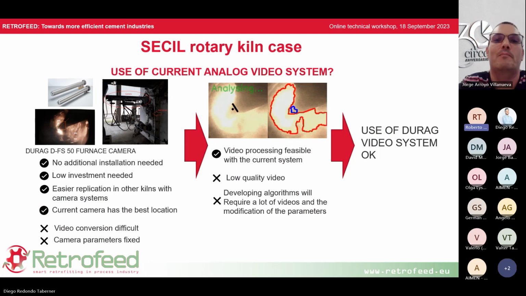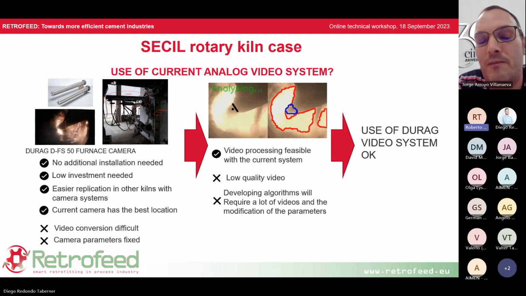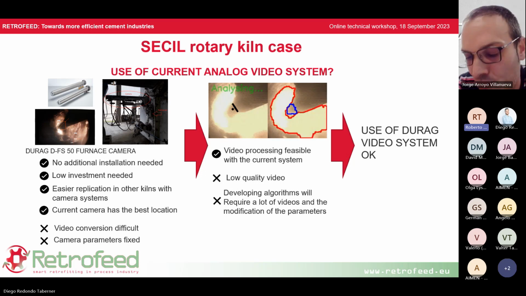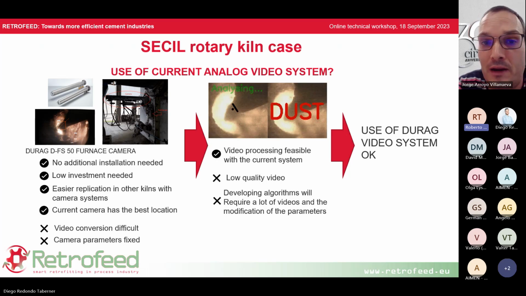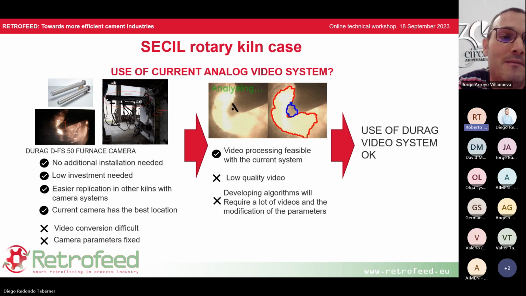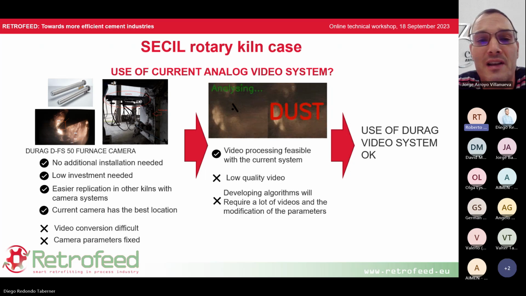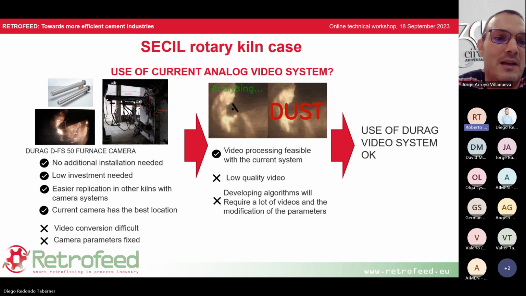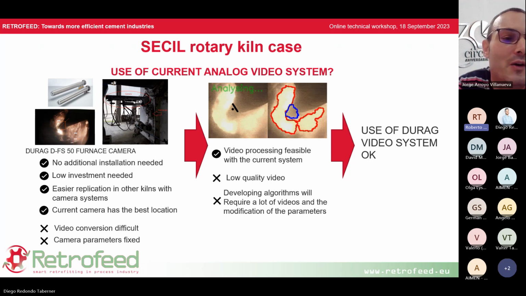In the RETROFEED project, one of the first decisions we took was whether we could use the video system which was installed in Cetil. We know that it's an analog video system, but there are some benefits: no additional installation was needed, and low investment, since we didn't need another camera.